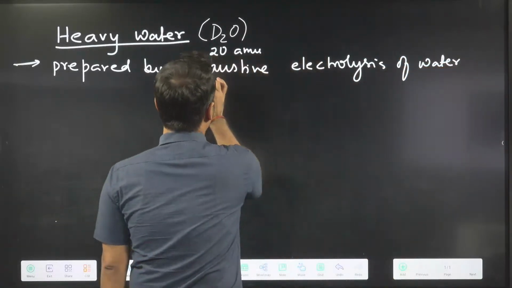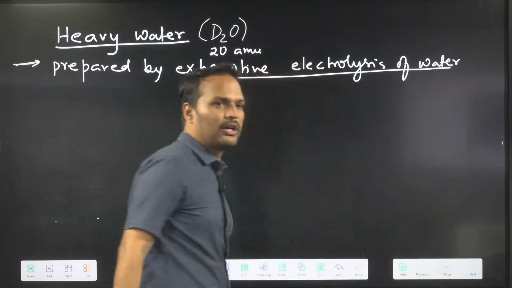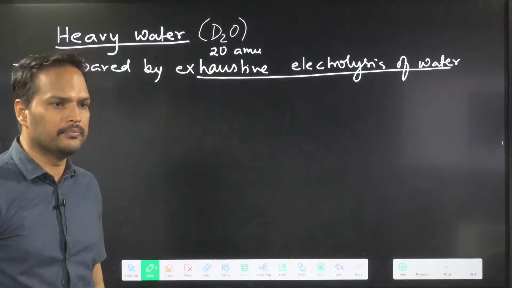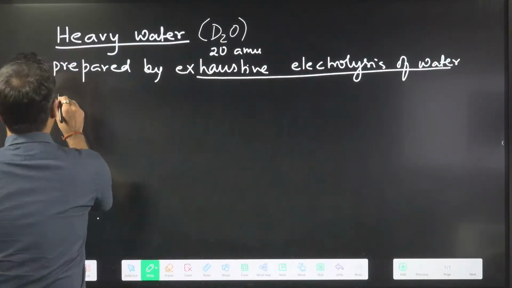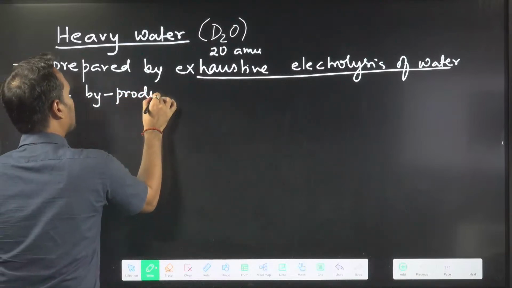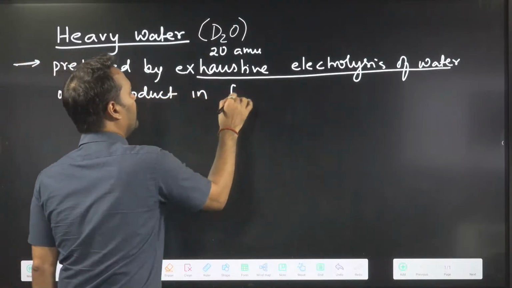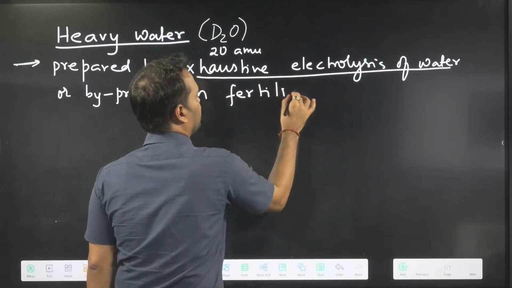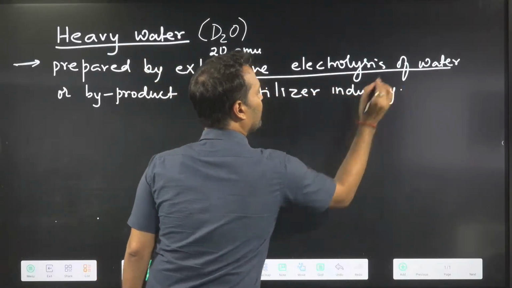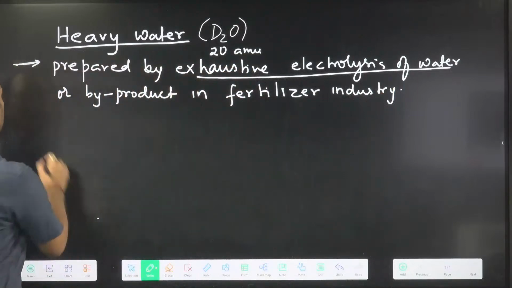Exhaustive electrolysis means keep doing it for a longer time. Due to mass, it is separated. Or it is obtained as a byproduct in the fertilizer industry. So this is the first part.